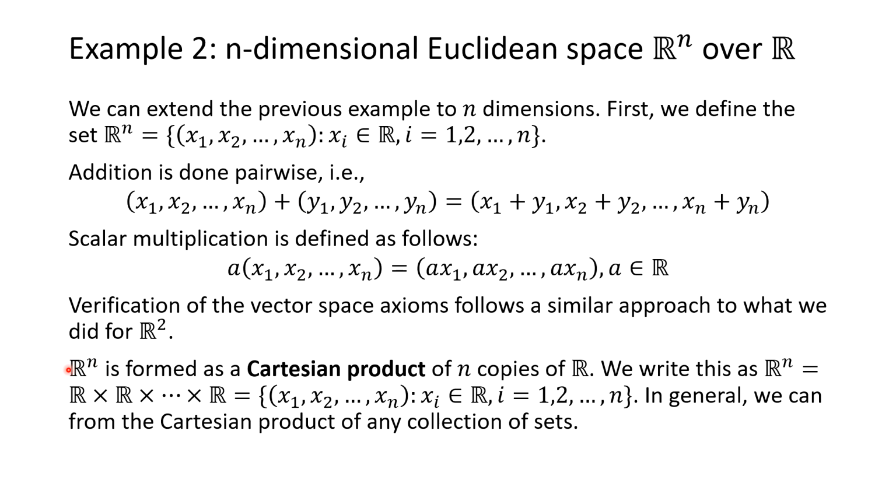And just one other point to be made here, R superscript n is formed as a Cartesian product of n copies of R. We write that as R superscript n equals R times R times R, and it's basically this set here, which we've defined up here. So more of a notational thing. I'll use this occasionally in some of the other examples where you just take a given set and then you take the cross product, the Cartesian product, of multiple elements of that to get another set.